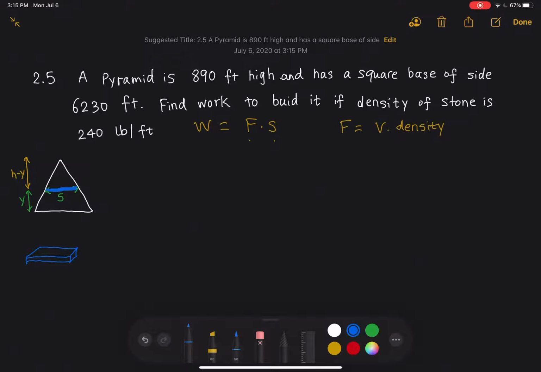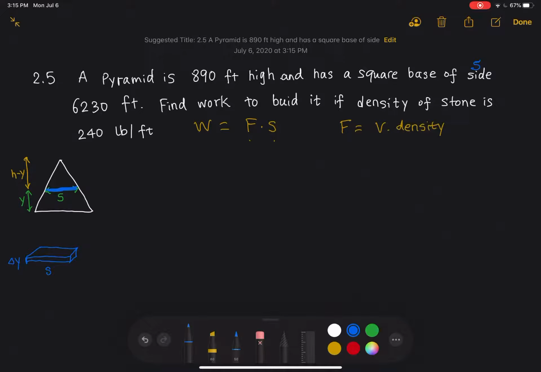We need to find the side length S of the square. This is S for each layer, and its thickness is delta Y. It's very small, which is why we can treat it as a rectangular slab.